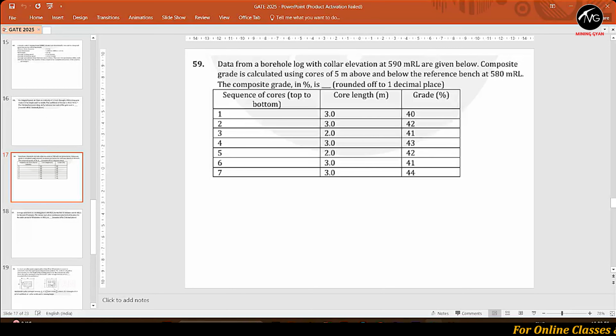Okay, composite grade. What will we do? We will do the weighted sum average of the grade of this region to find out the composite grade.